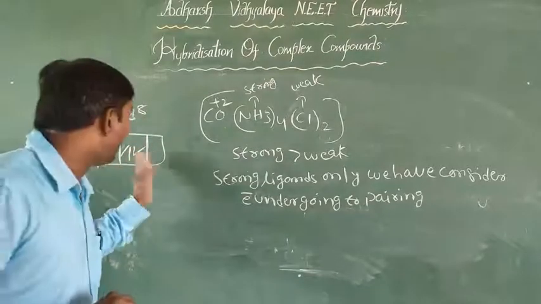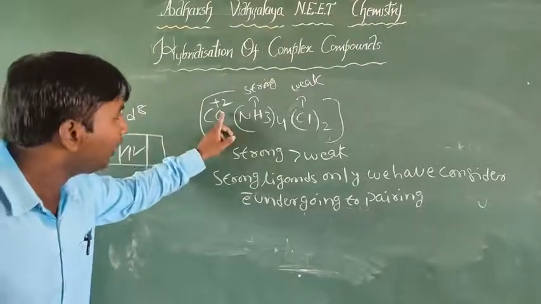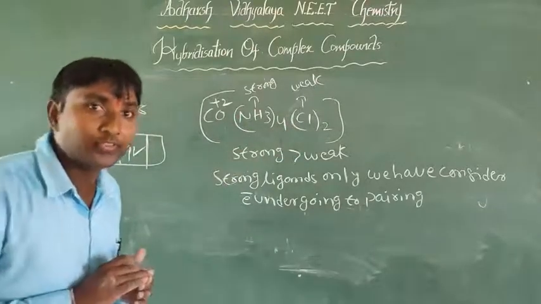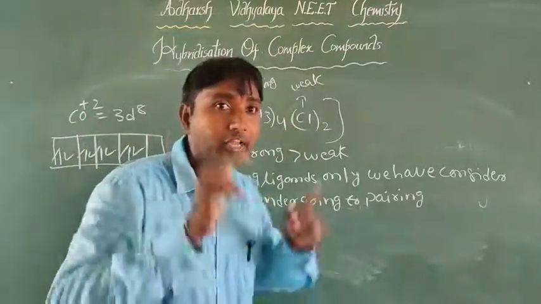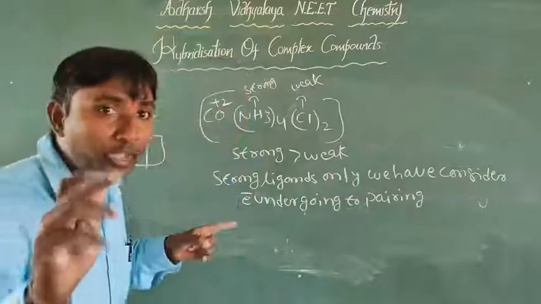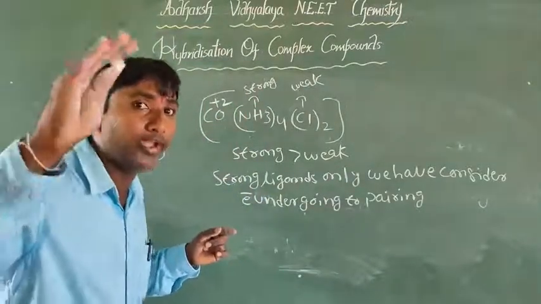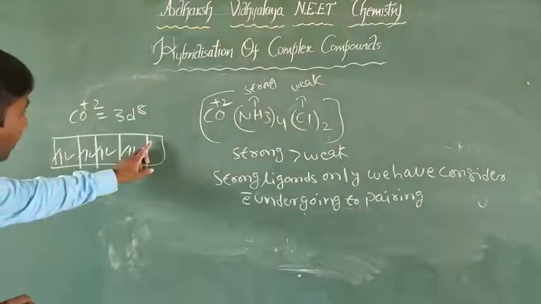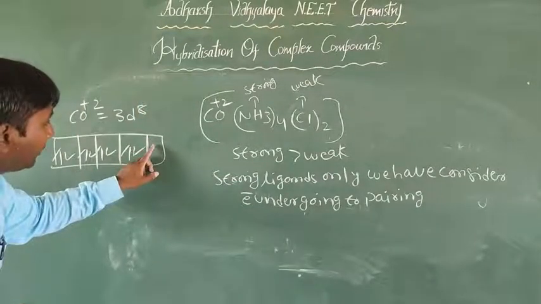Now here cobalt is bonded with how many ligands? 6 ligands. 6 ligands means 6 bonds, which means 12 electrons required.